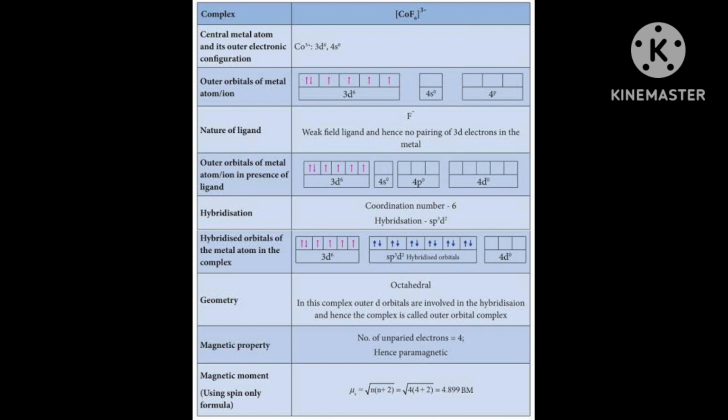Now how will we tell magnetic properties? I am telling you. Take the diamagnetic octahedral complex, cobalt NH3 whole 6, 3 plus.